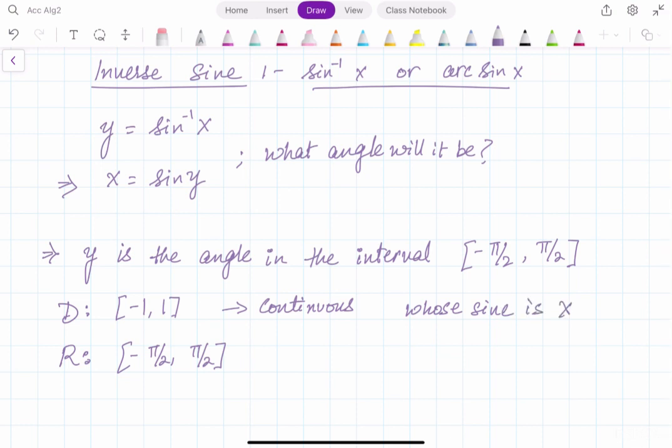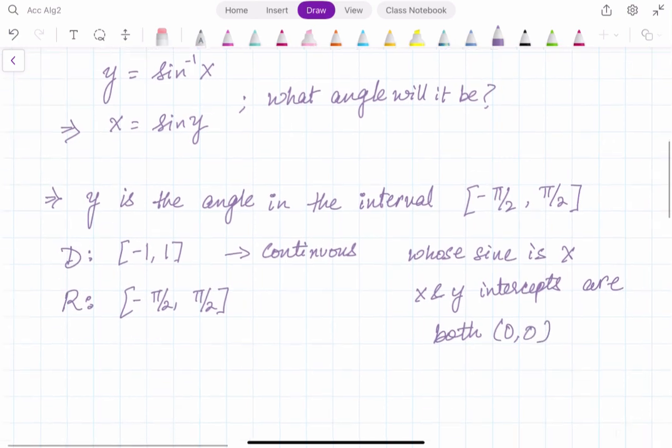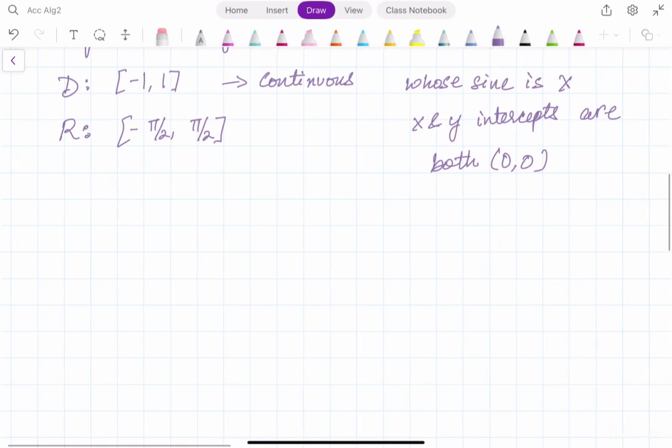So whose sine is x, and x and y, they both have the intercept at 0 and 0. So the whole entire function of the sine function, if I tilt it, maybe let's rotate 90 degrees, that will be your sine inverse, because the x and y will be swapped.